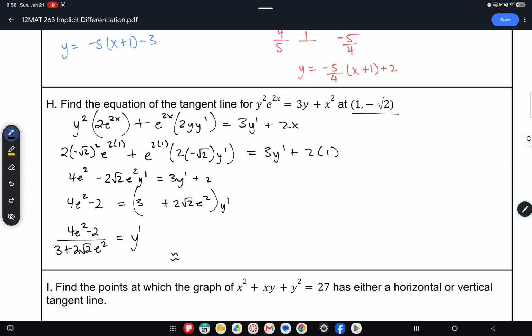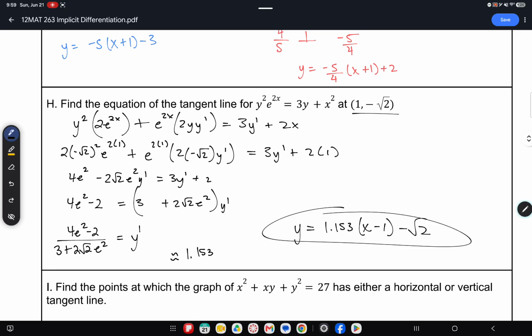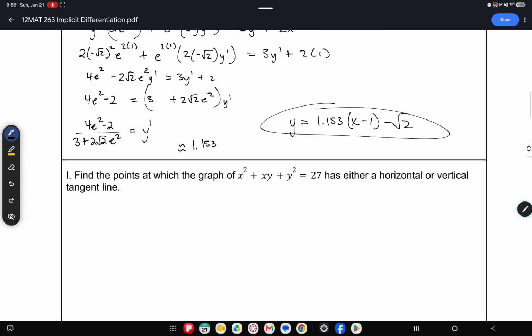I get that it's about 1 point, and I lied, I'm going to round to 3, just because the number is 1.153 and then 0087 and it keeps going. So I'm going to leave it at around 1.153. So y equals that slope, 1.153 times x minus 1 minus the square root of 2. There's my equation of a tangent line.